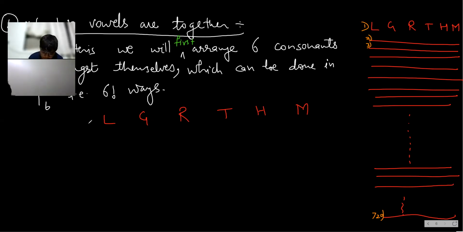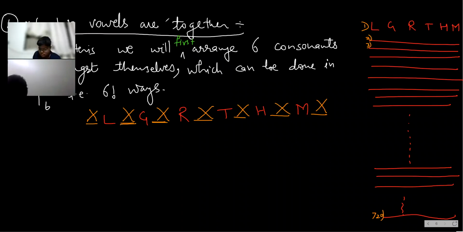See, now in this, beside each letter, there are 2 blank places. See, beside L, there are 2. Beside G also, there are 2 blank places like this. I mark these blank places by cross.